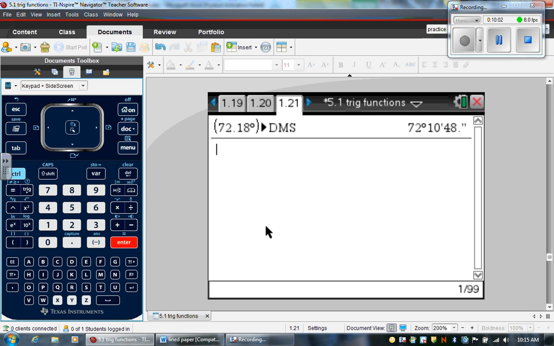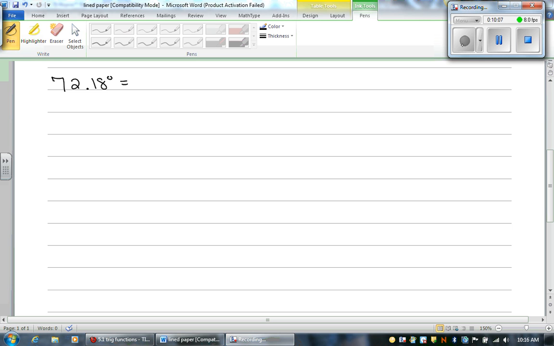Of course, this can be done in our calculator or by hand, which we're going to take a look at as well. Okay, so what we're going to do for this one is we're going to break it apart. We know that this is the same as 72 degrees plus 0.18 times 1 degree. This is the same thing, right? We've split apart this piece here to 0.18 times 1.